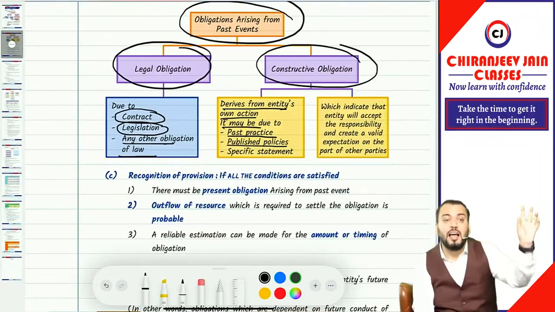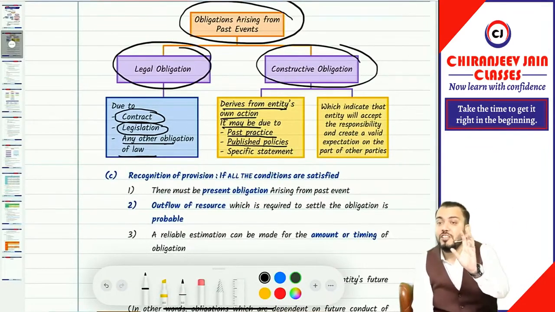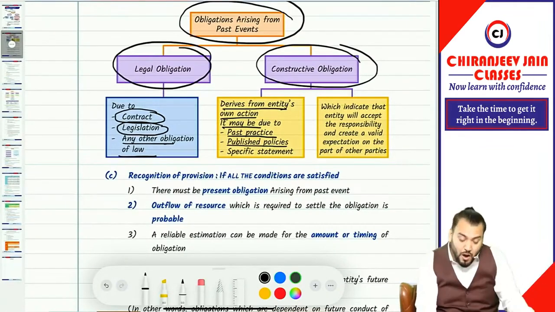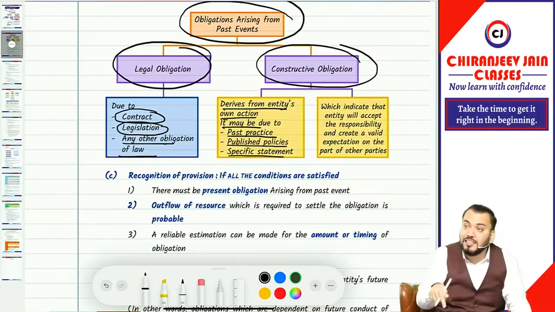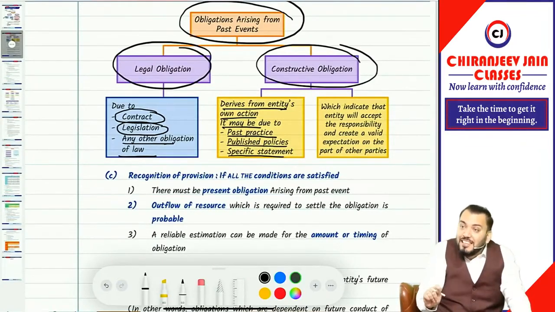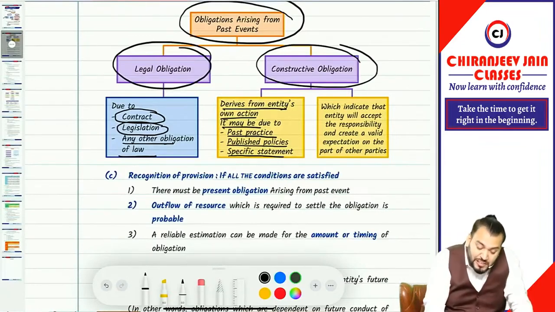Suppose on the website I have just given one policy that normally I refund the fees if you score 90% or more than 90%, published policies or any specific statement in the class I have made. So it may be either due to past practice or published policies or any specific statement which indicates that the entity will accept the responsibility.